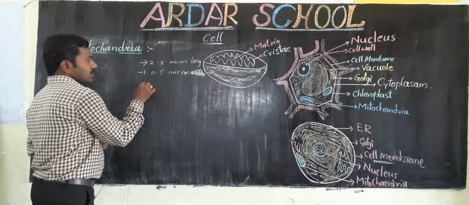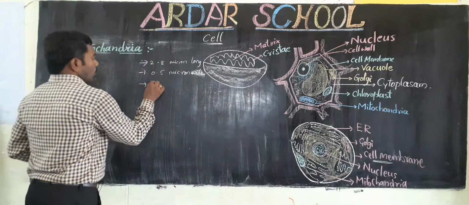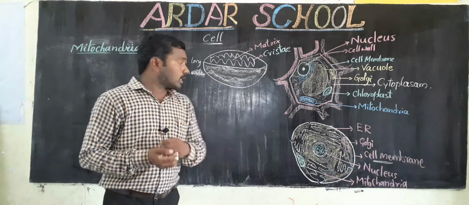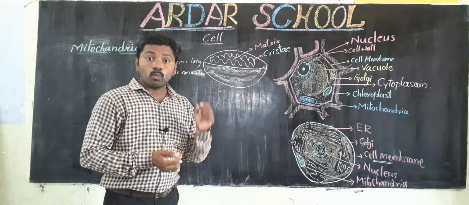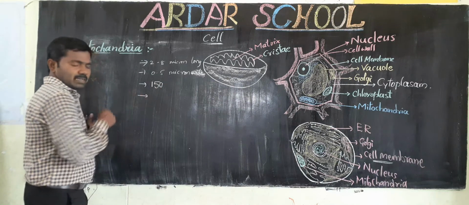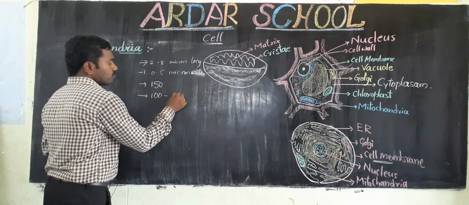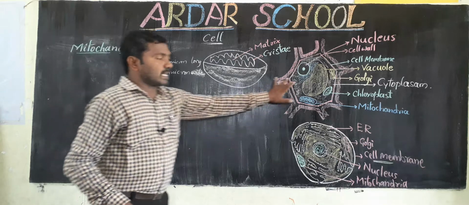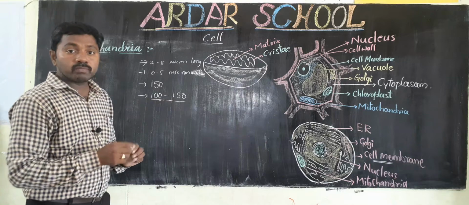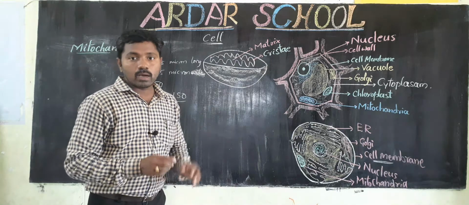It is much smaller than the nucleus, nearly 150 times smaller. If you observe any cell, nearly 100 to 150 mitochondria are present in an animal cell or plant cell.